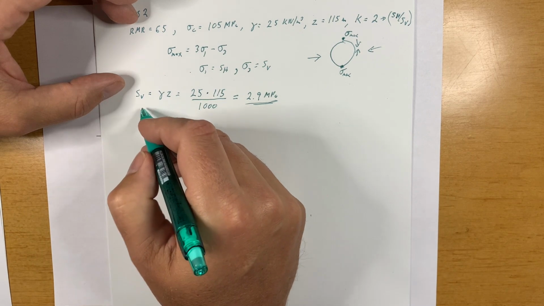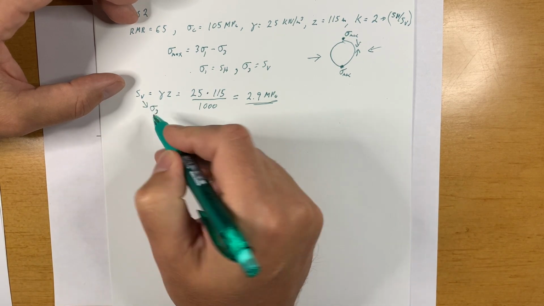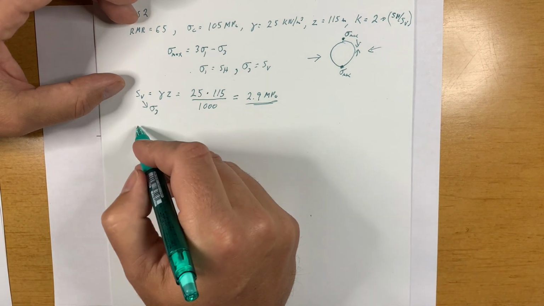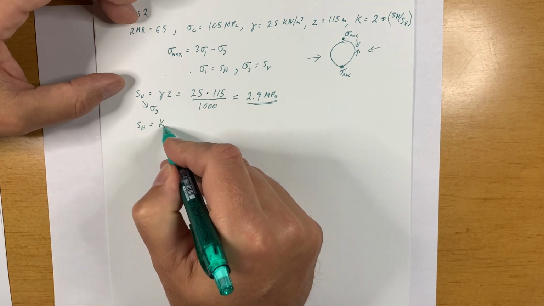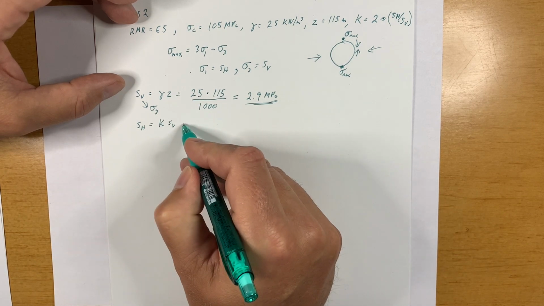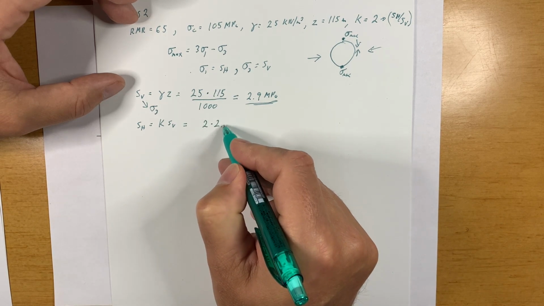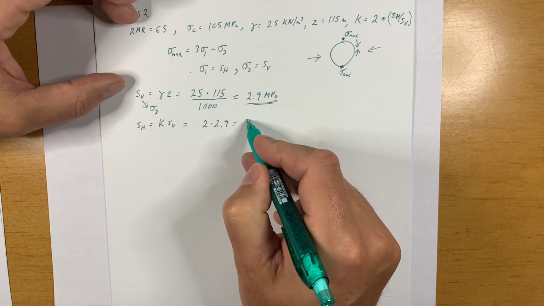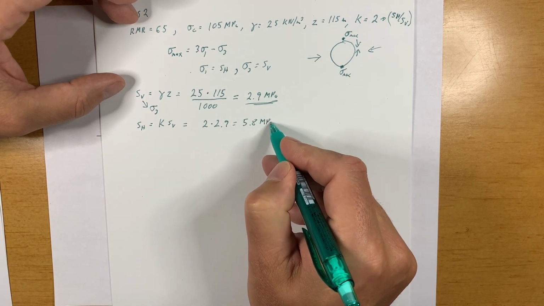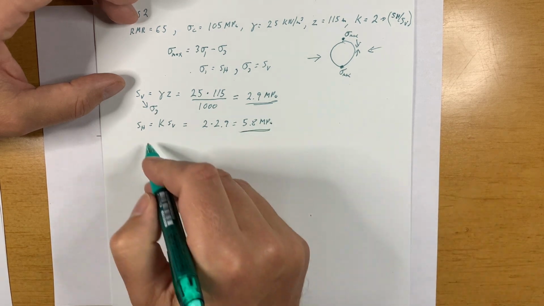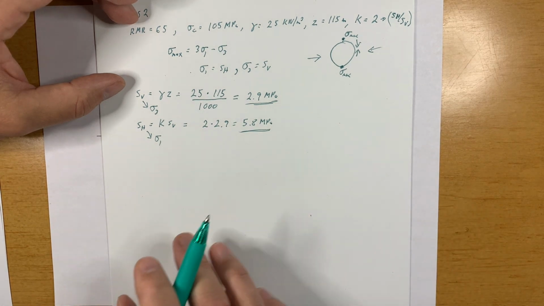So that's SV, which is also our sigma 3 value. SH is going to be equal to K times SV, so 2 times 2.9 is 5.8 MPa, and that is our value of sigma 1.